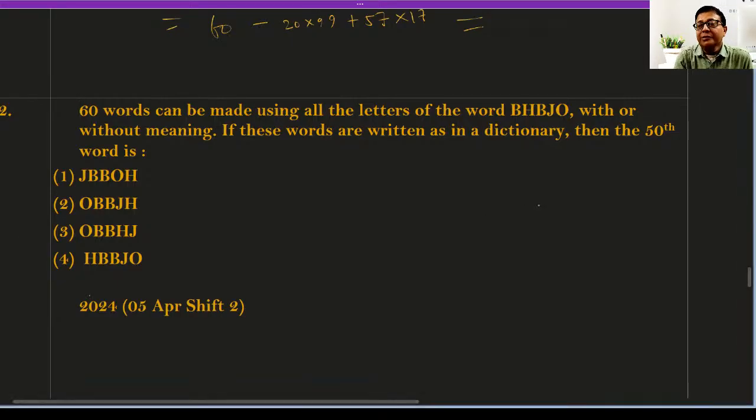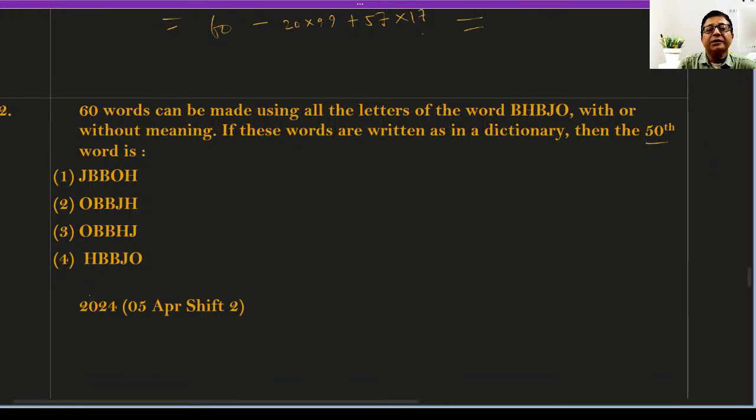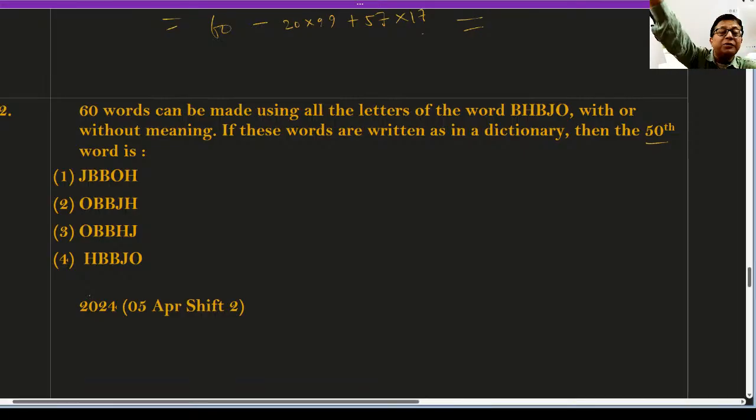No, they have said which letter is the 50th one. So we have to go back to the way you have learned in your school. That formulation and methodology will not work. Here you need to arrange one by one. Okay?